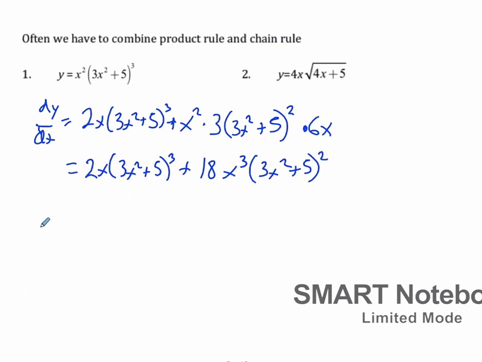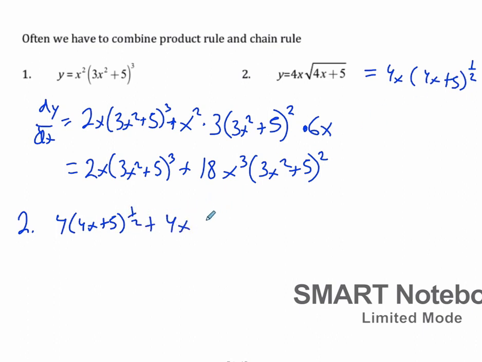Okay, and then number 2 kind of works similarly. In number 2, let's rewrite that as 4x times (4x plus 5) to the power of half. Okay, so the derivative of 4x is just 4. So we have this plus 4x times the derivative of that, which is half, times (4x plus 5) to the power of negative half, times the derivative of what's inside the brackets, which is 4.